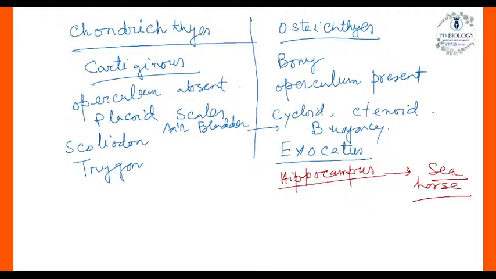Now the superclass Tetrapoda, the first group, that is Amphibia. Amphi means both. So the Amphibia can live in aquatic as well as terrestrial habitats.